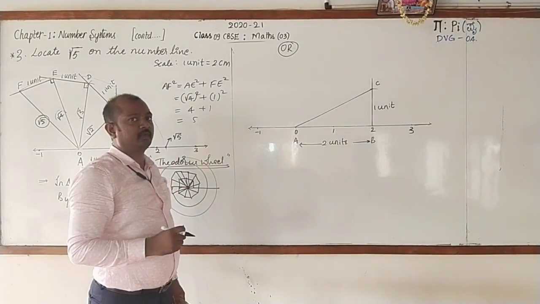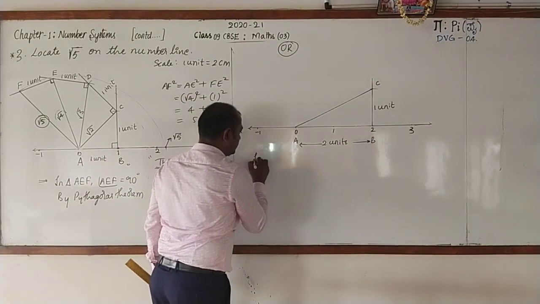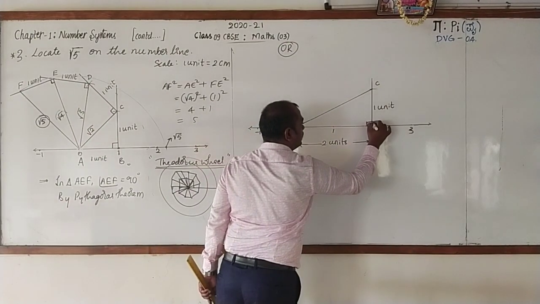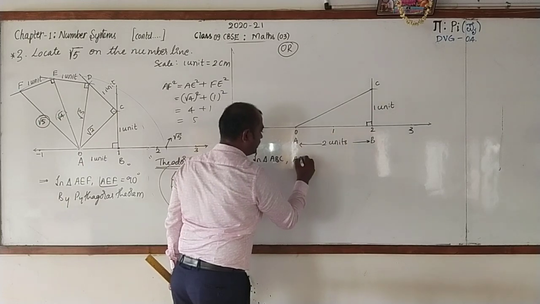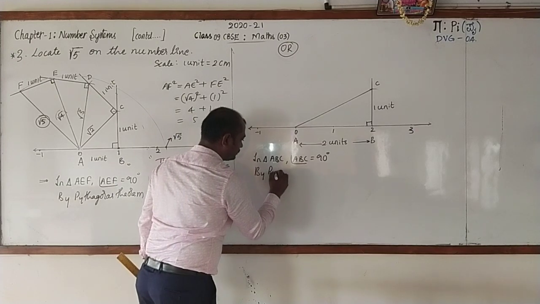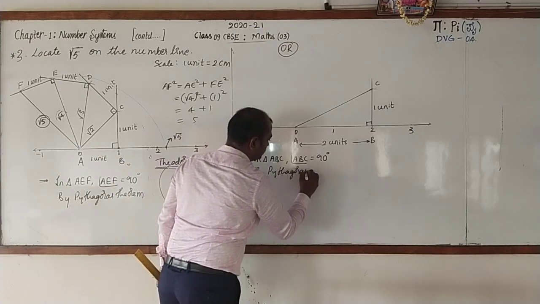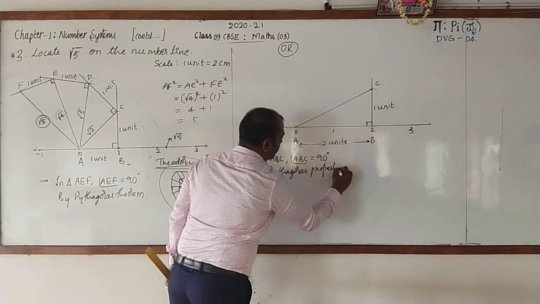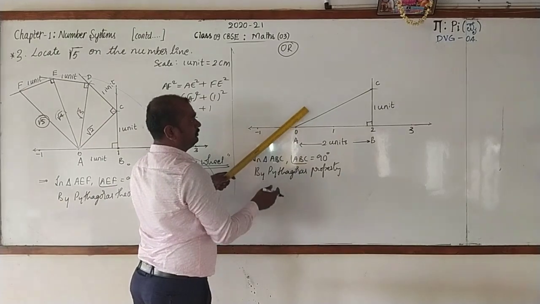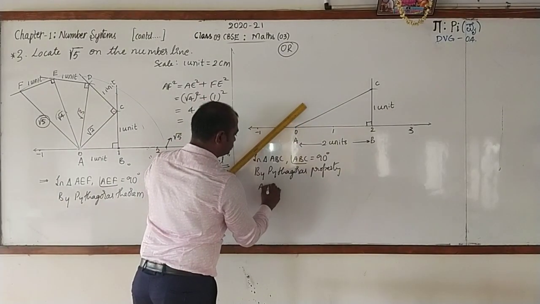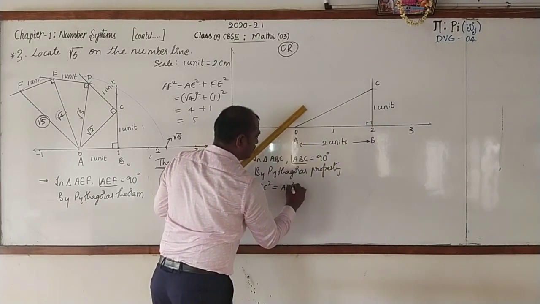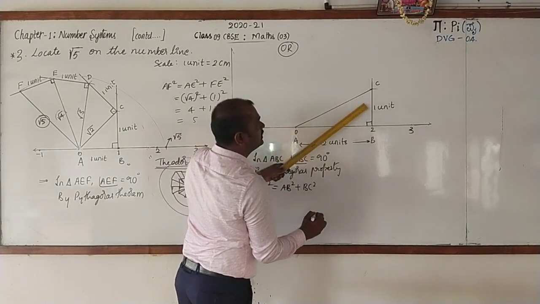Is it root 5? Let me show that with a calculation. Here I'll write. In triangle ABC, angle B is 90 degree. I'll write angle ABC is 90 degree by Pythagoras property. How do you write? According to Pythagoras property, the square of hypotenuse AC square is equal to sum of squares of other two sides, AB square plus BC square.